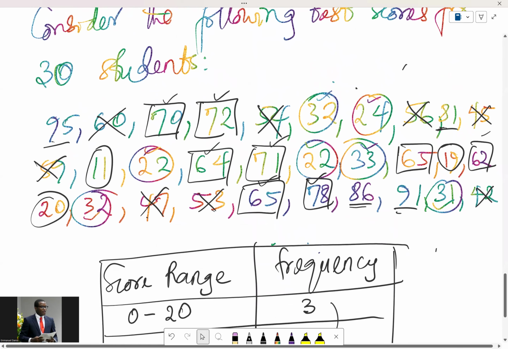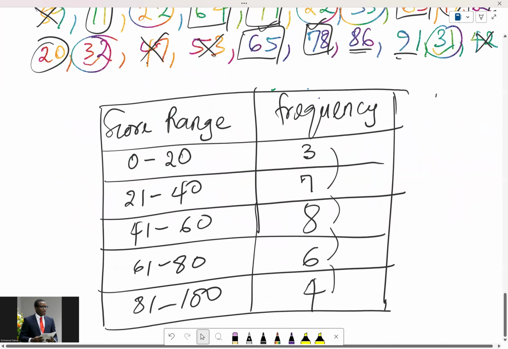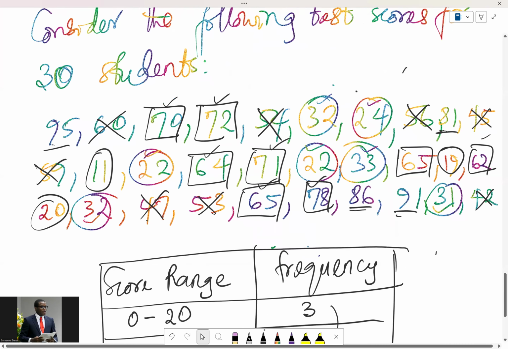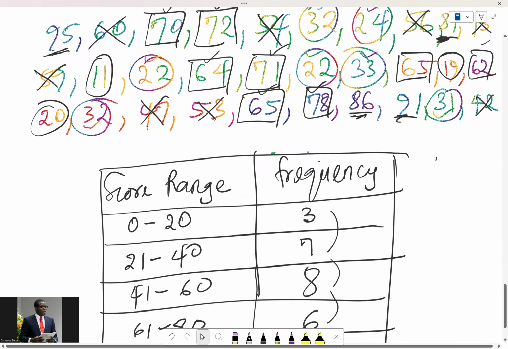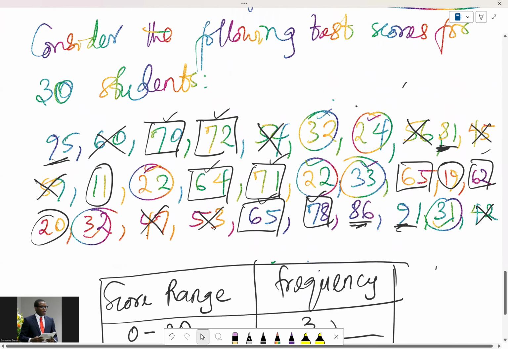Okay. 0 to 20 again. Let's check. Okay, let's start from the back. 81 to 100, you have 91. 81, that's 2, 3, and 4. Maybe that's correct. Then 61 to 80.